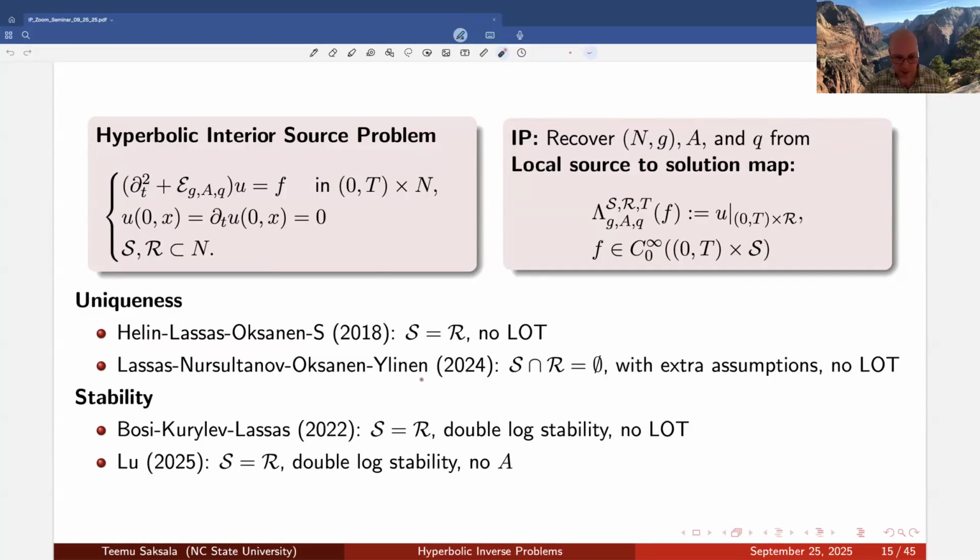And then very recently, Lassas, Nursultanov, Oksanen, and Ylinen showed that if the sets where your measurements are done are separate, then you can recover the geometry, but with some extra assumptions.